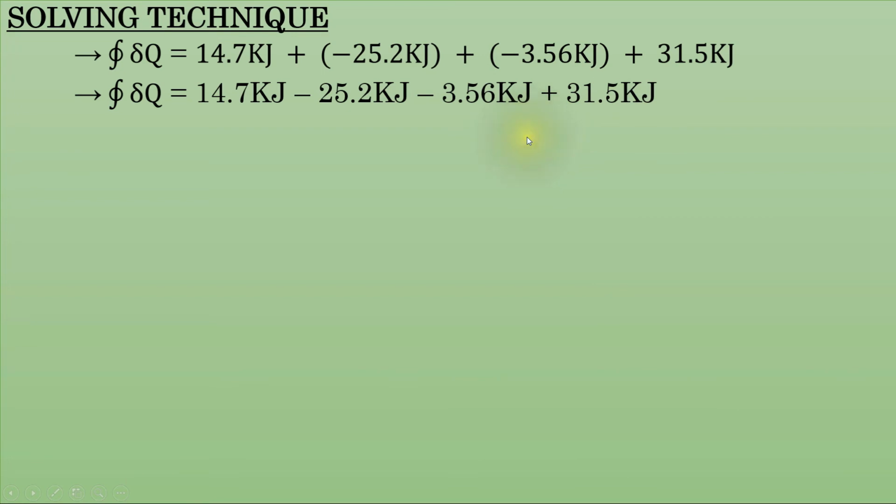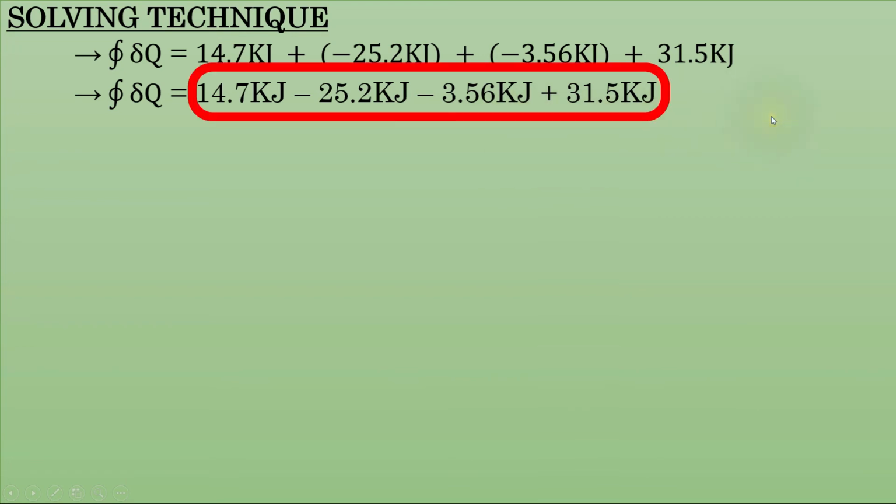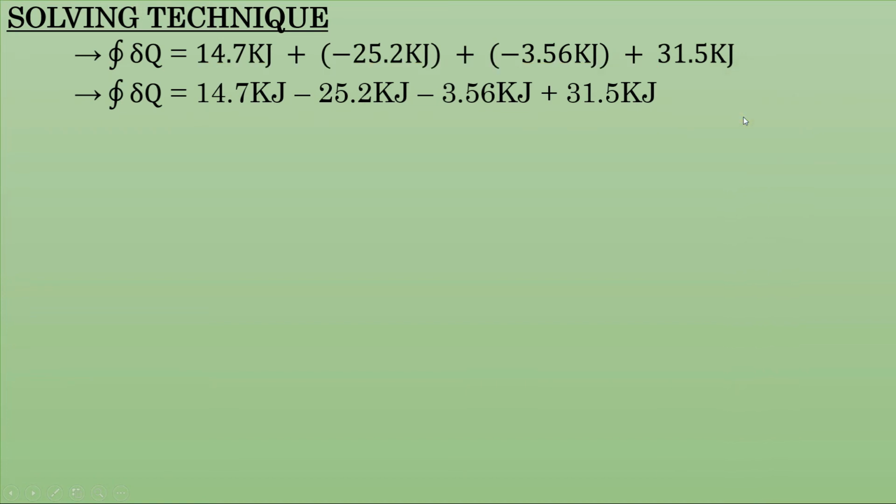In this RHS, 14.7 minus 25.2 minus 3.56 plus 31.5 kilojoule is 17.44 kilojoule. So the next step will be cyclic integral of δQ is equal to 17.44 kilojoule. So we have found the value of cyclic integral of δQ is 17.44 kilojoule.